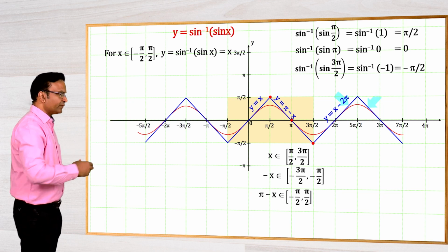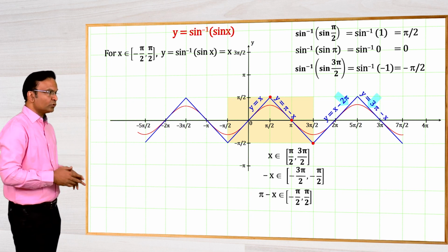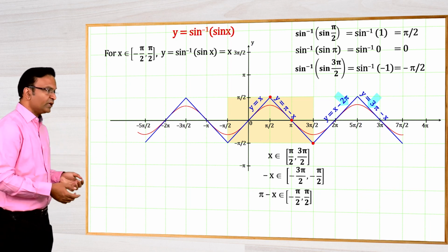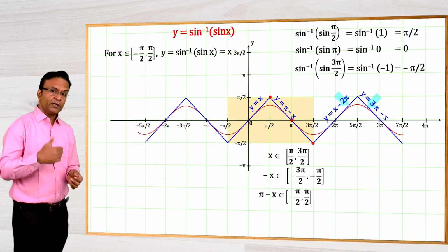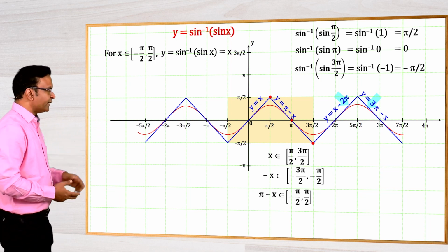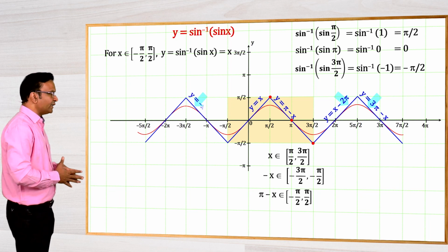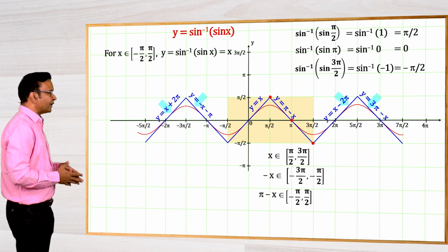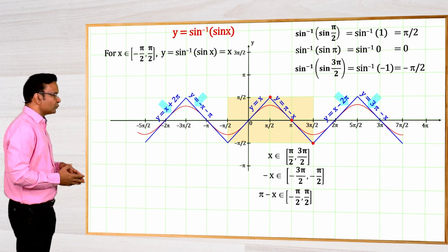The next line represents y is equal to 3 pi minus x. The next one will be x minus 4 pi, then 5 pi minus x, and so on. On left hand side we have this line y is equal to minus x minus pi. This line y is equal to x plus 2 pi, and so on.